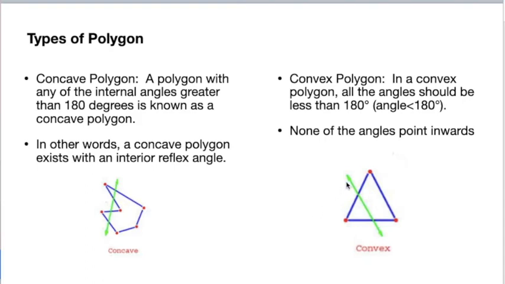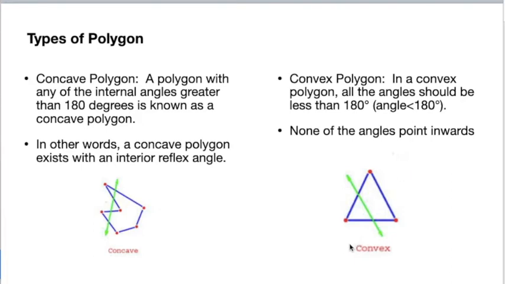Or you can use a simple test: you draw a line passing through the polygon. In the case of convex polygons, however you draw a line passing through the polygon, it can pass through only two edges of the polygon. If you draw a line like this, it passes through only two lines, like this also only two.